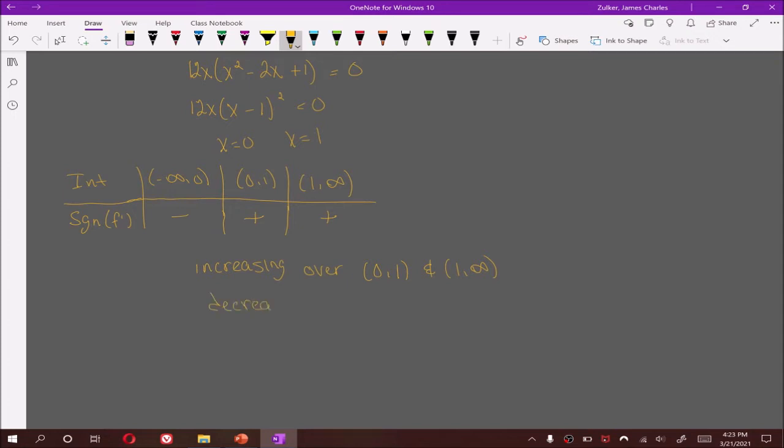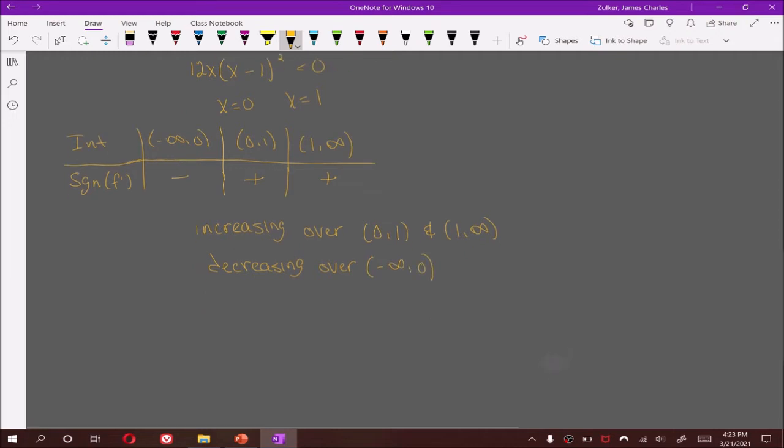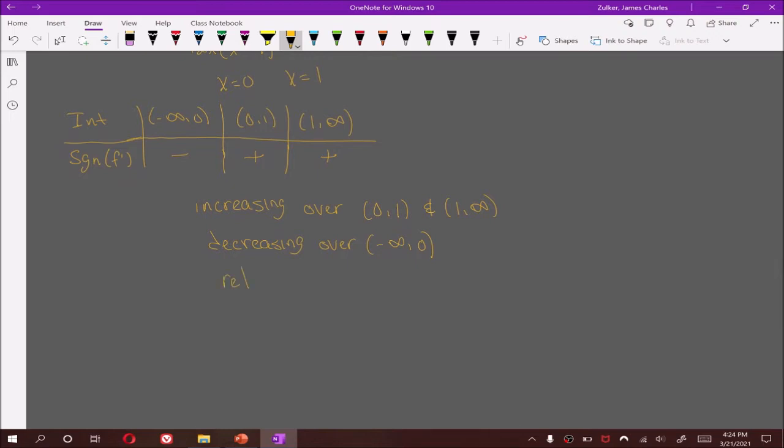Decreasing over minus infinity to 0. And we have a relative min. It's f of 0, which happens to be the y-intercept, which we found to be 1.